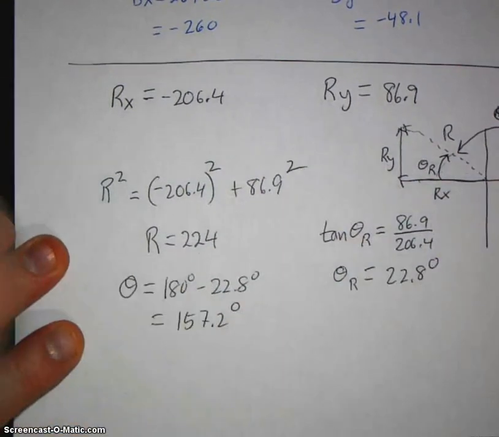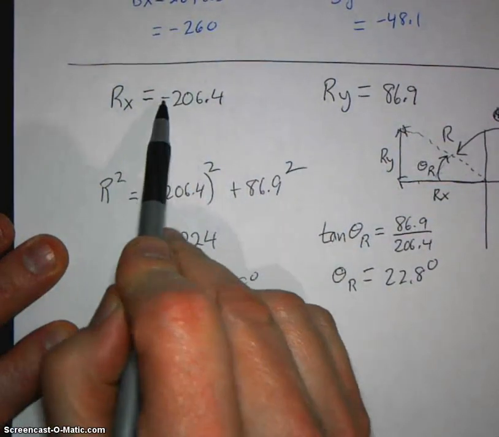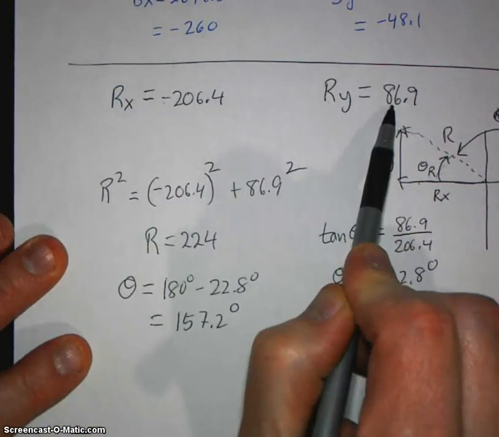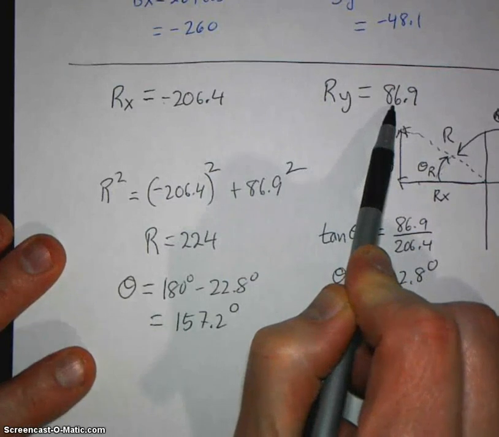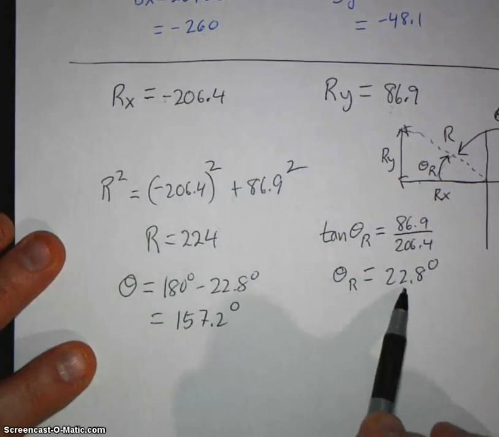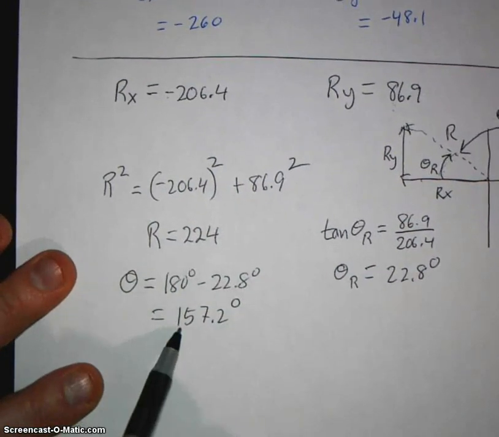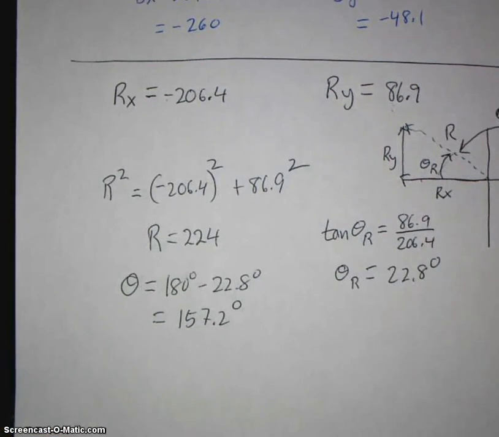I should have been able to look and say, well, my x is negative, my y is positive, that's quadrant 2. So I should have known I get my reference angle and then convert it to quadrant 2. But drawing a picture always helps me. I almost always like to draw a picture for these problems. Helps me ensure that I'm getting my answer in the correct angle, in the correct quadrant. All right, so that's it for this section.